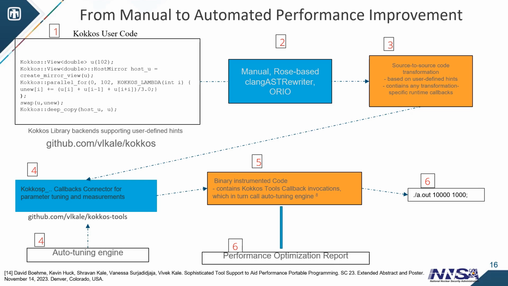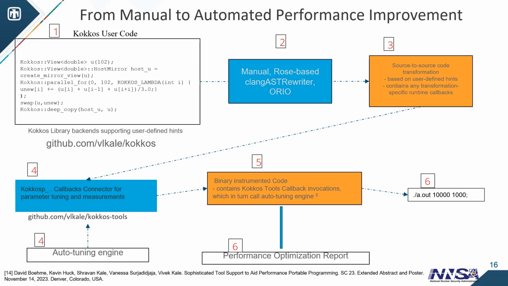Let's take this Kokkos program using the Kokkos OpenMP backend underneath. To optimize this Kokkos program's OpenMP underneath, we first use this Clang AST rewriter from LLVM to generate the new OpenMP loop given a priori training data and user-defined hints. This code is then augmented with appropriate knobs to adjust control points.